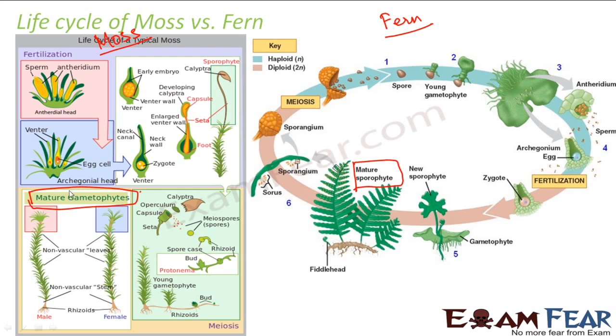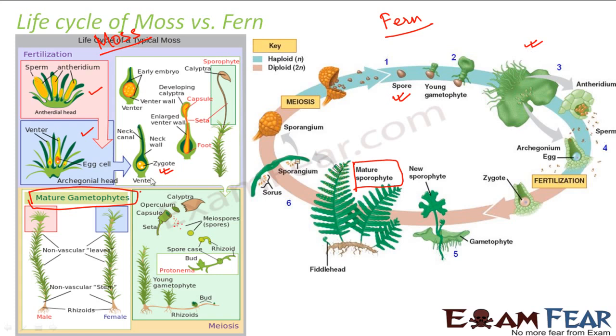So here from gametophytes, gametes were formed, the male gametes and the female gametes, and they fused together to form the zygote. So in this case, from sporophyte, spores were formed. And these spores germinate to form the gametophyte. And then from the gametophyte, the gametes are formed.